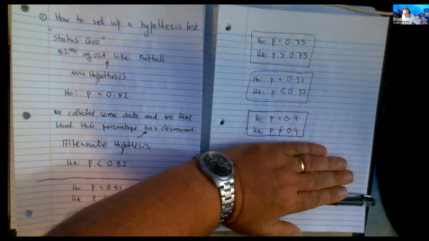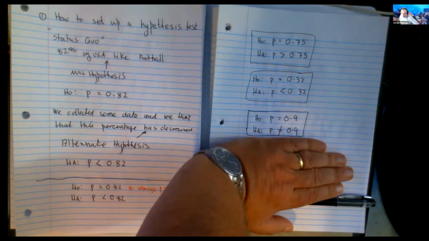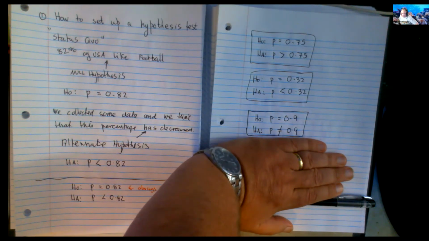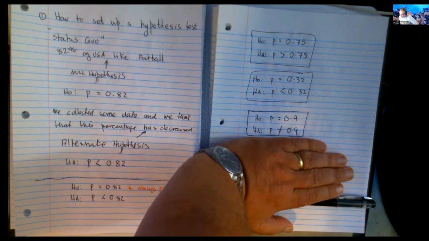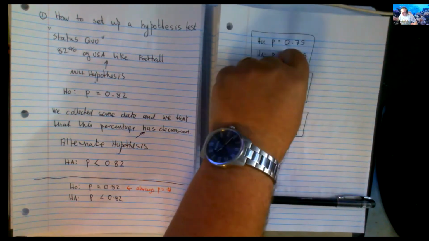This one, 90% of Americans, what did I make up? Watch TV more than 40 hours a week. We now think that it's different. We're not sure if it's more hours or less hours, but we just know it ain't 90% anymore, right? So 1, 2, and 3.